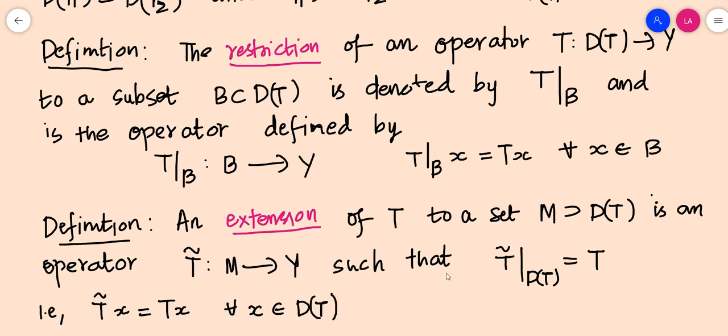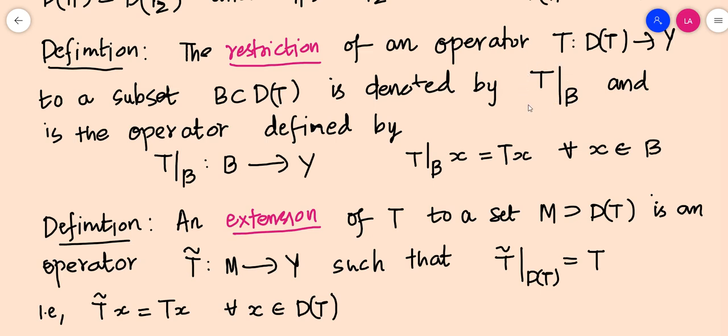Okay, so from this perspective itself we can define the extension. Here the operator T, which is defined on the set D of T to Y, is defined on a subset B of D of T. Such an operator is called the restriction.